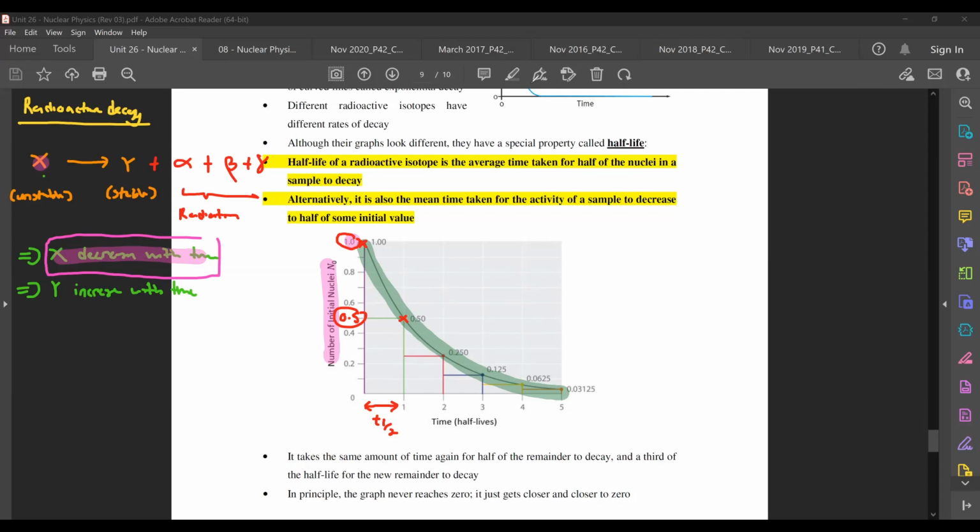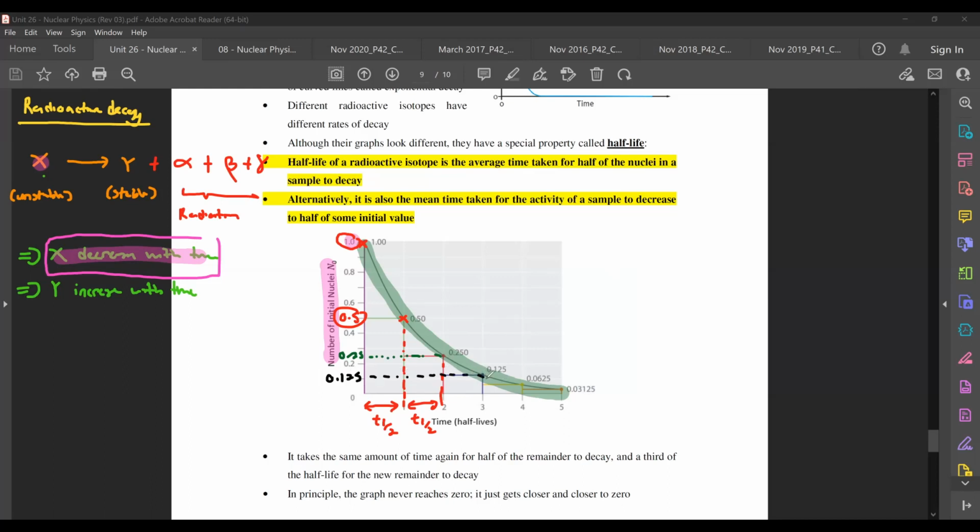And then what if you keep on letting it decay? From 0.5, it now reduces by half again. So by right, it should go to 0.25, right over here. The time that it took for you to reduce by another half again will be another half-life. And then from 0.25, you want it to decrease even further, it should become 0.125, which is right over here.